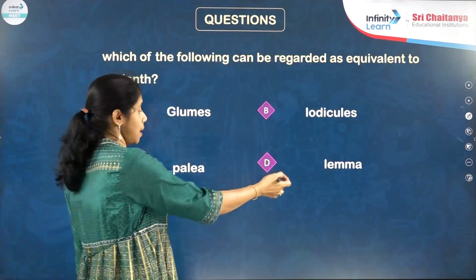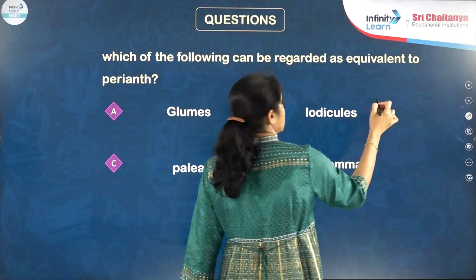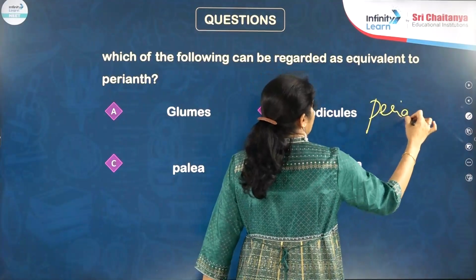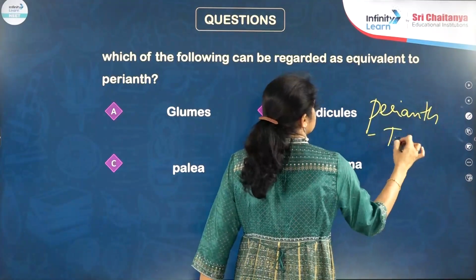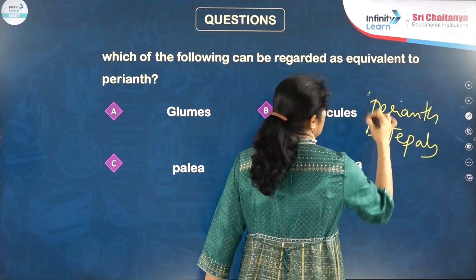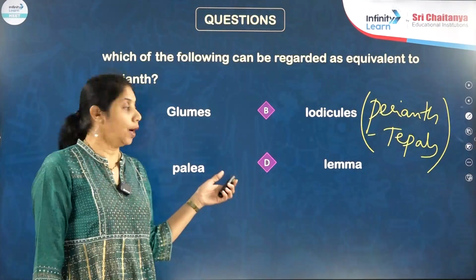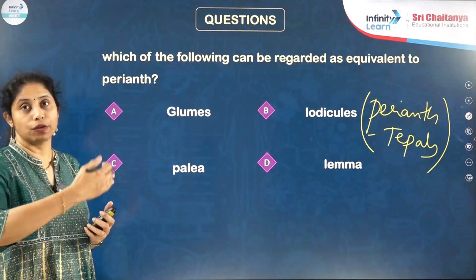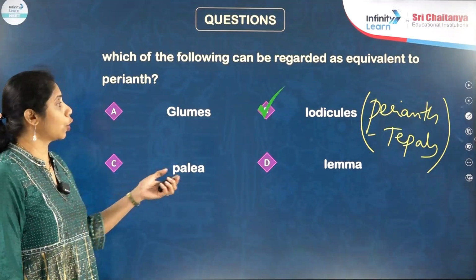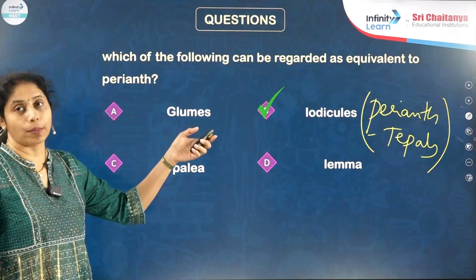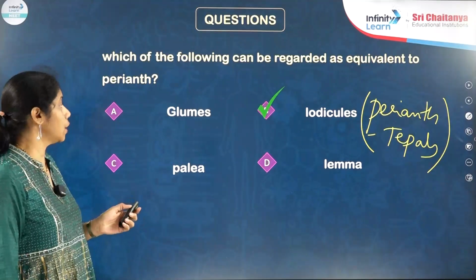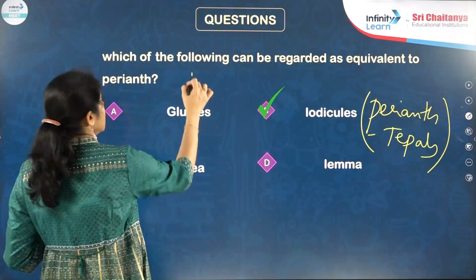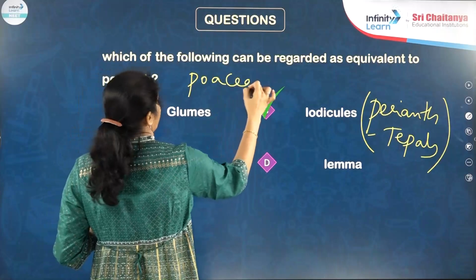Lodicules are the perianth, nothing but tepals. Glumes, lemma, palea, lodicules is the order in the flower from outside to inside. So the correct option would be lodicules, because perianth tepals are nothing but lodicules in the Poaceae family, or Graminae.